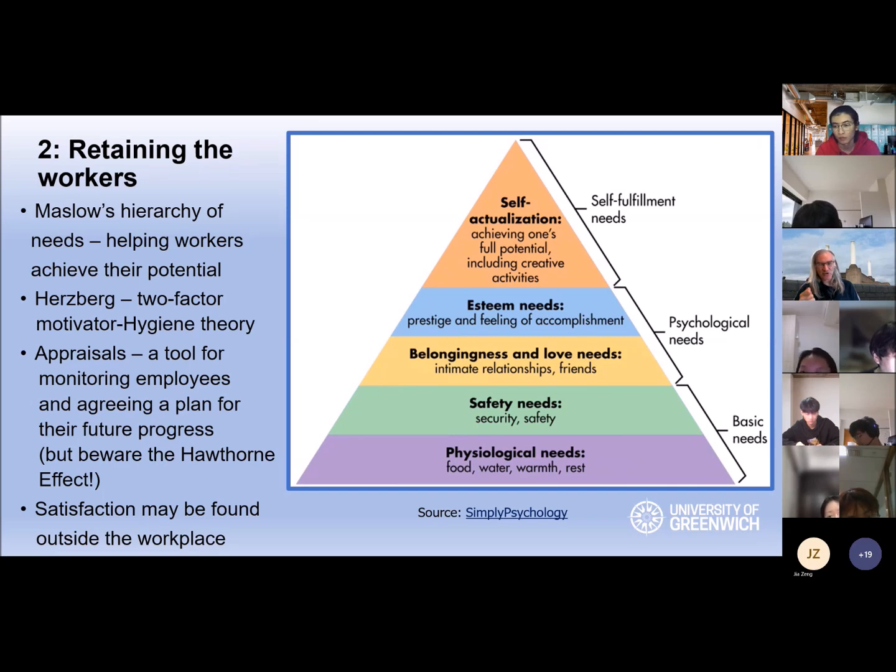It depends on the individual and what they're looking for. But those first four tend to be within the remit of the employer. Herzberg has a two-factor theory and talks about the motivator-hygiene theory. Hygiene items are those things that have to be there, otherwise the worker simply won't work for you.